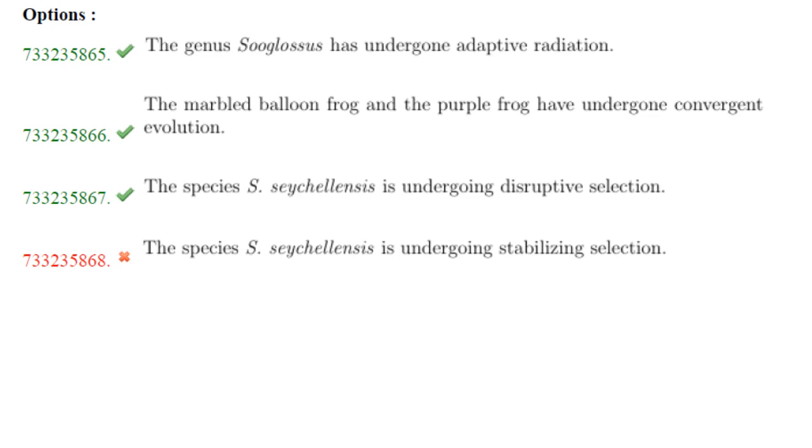So the marble balloon frog and the purple frog live in the same ecological niche and have similar features. They were once considered close relatives, but actually they are not closely related. They have undergone convergent evolution. So the second option is also correct.